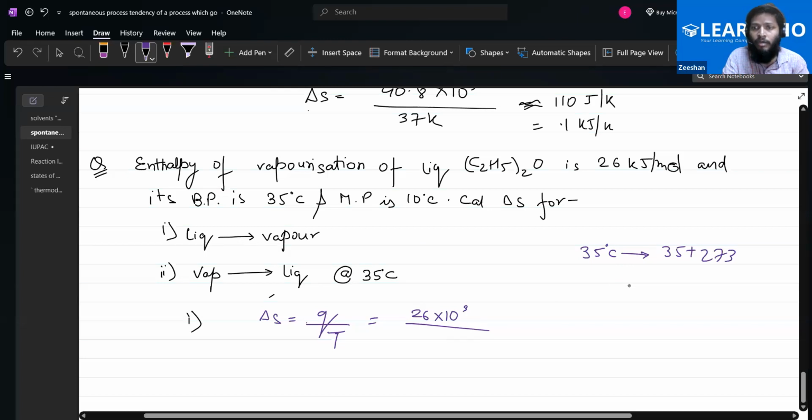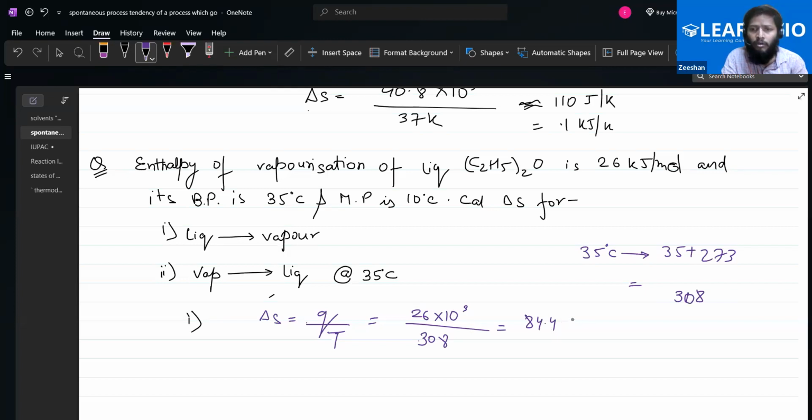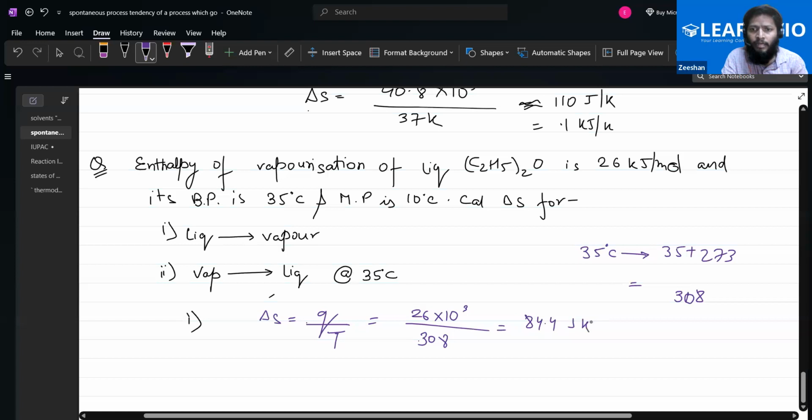So we will write it as 308, right? And we will solve it, and we will get 84.4 joule per Kelvin, right?